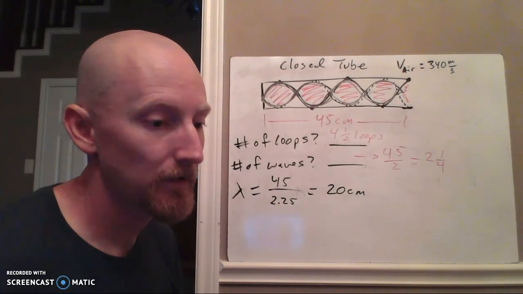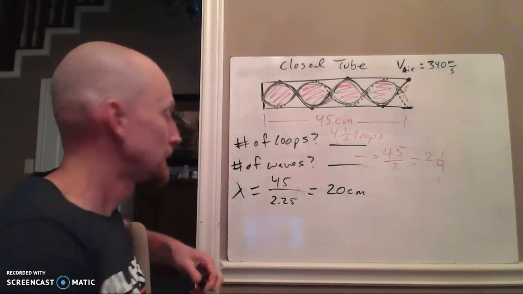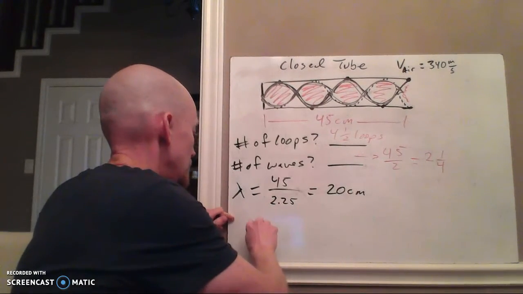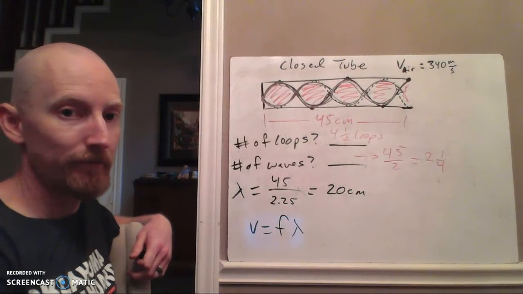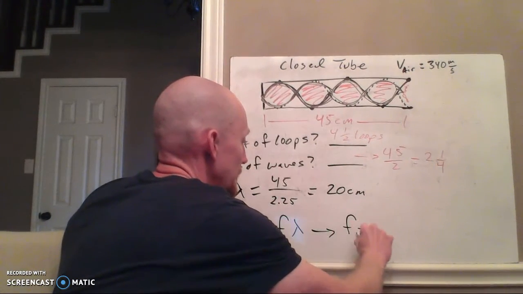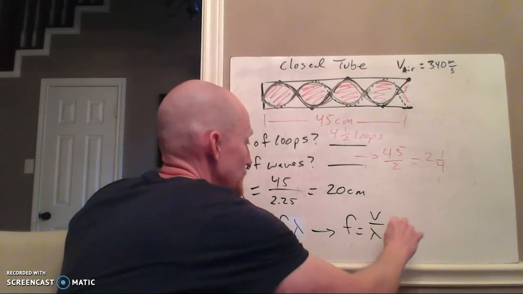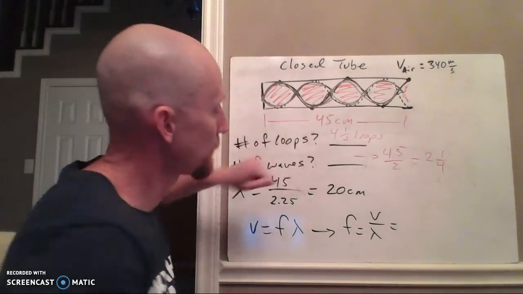Now, let's see. We can do this. V equals F lambda. We can solve for F. So F equals V divided by lambda. So for this problem, our velocity in air up here is 340 meters per second.